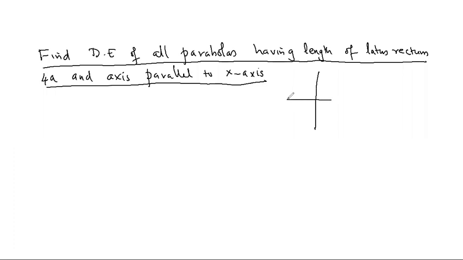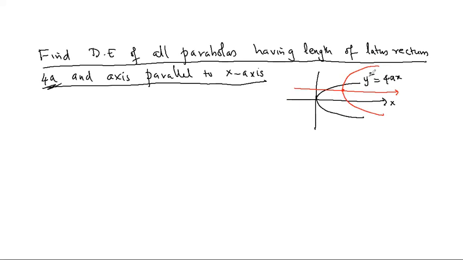We know that if the vertex is at the origin and the axis is along the x-axis, and the latus rectum is 4a, y square equal to 4ax will be the equation. Now we want the parabola whose axis is parallel to the x-axis, which means something like this. So naturally the parabola will be something like this.